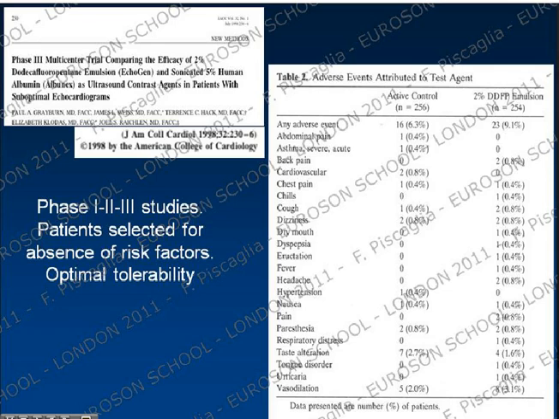And clearly in the phase 1, 2, and 3 studies, patients are usually selected with absence of risk factors, but at least there are no known risk factors for contrast agents. So these patients should more or less represent the general population. This is, for instance, a phase 3 trial about dodecafluoropentane emulsion, which is what's called Ecogen.